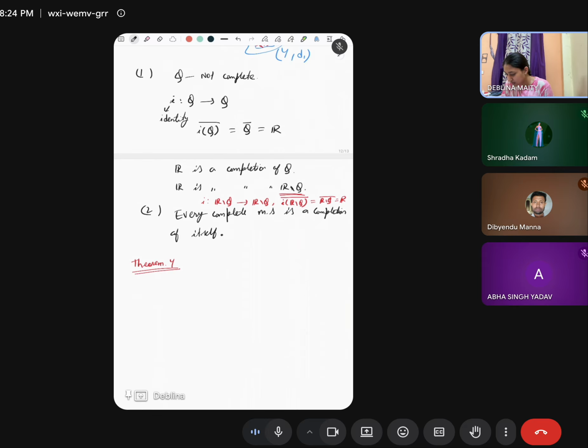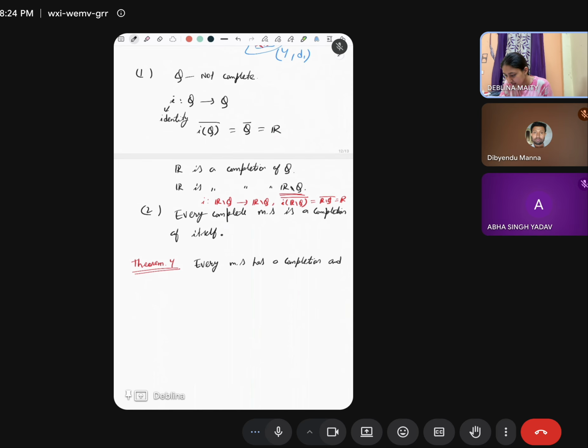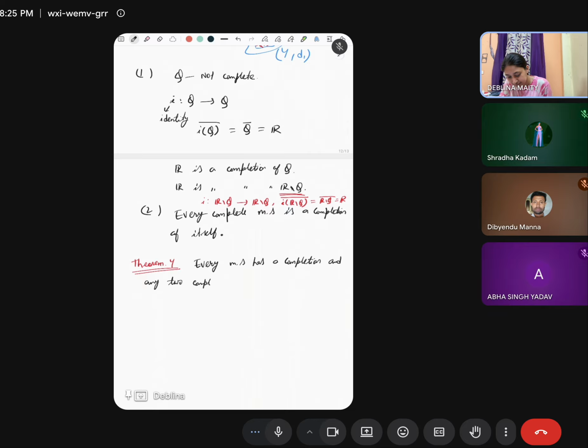It says every metric space has a completion, and this is the completion theorem, and any two completions of a metric space are isometric. Okay.